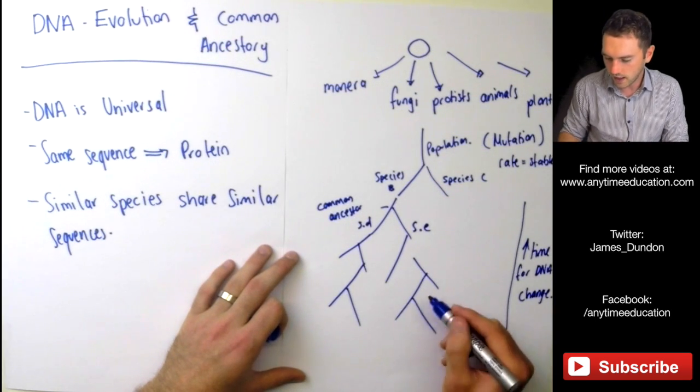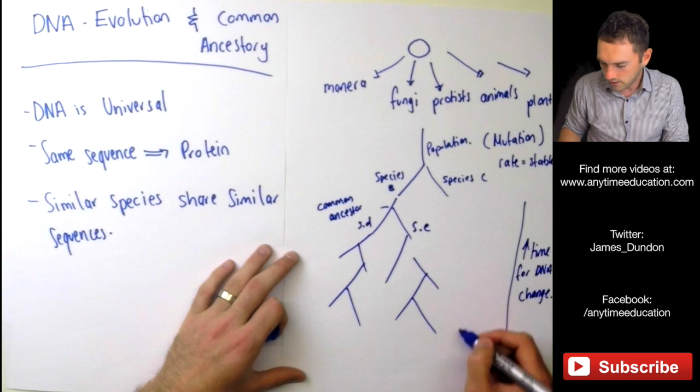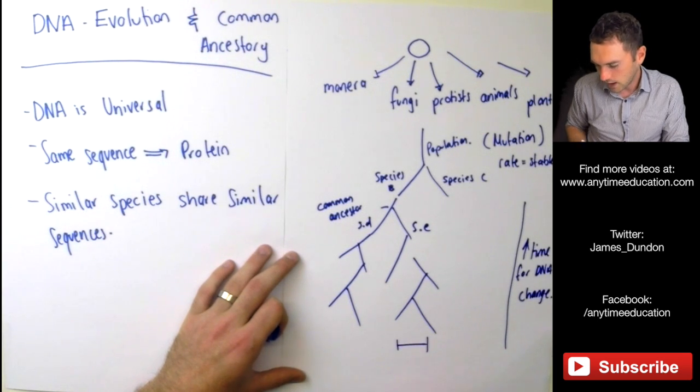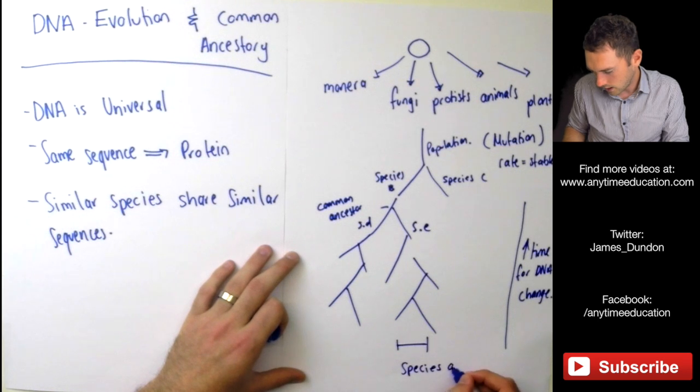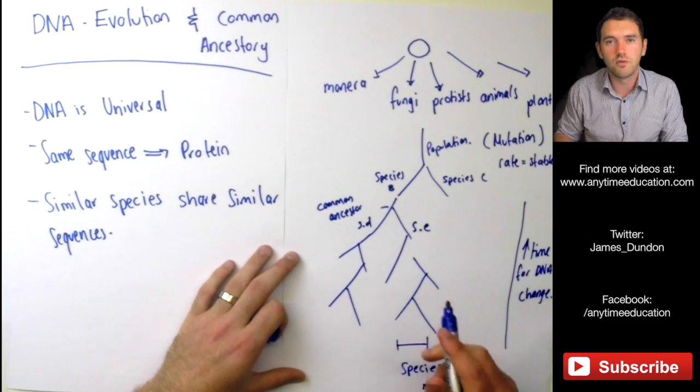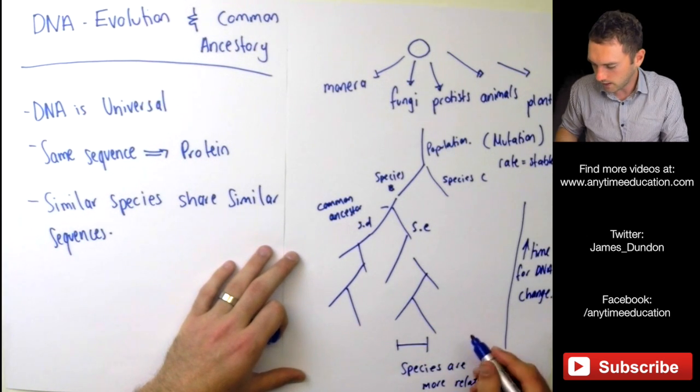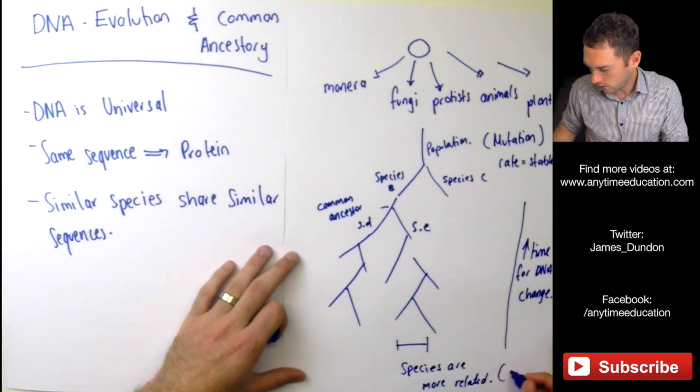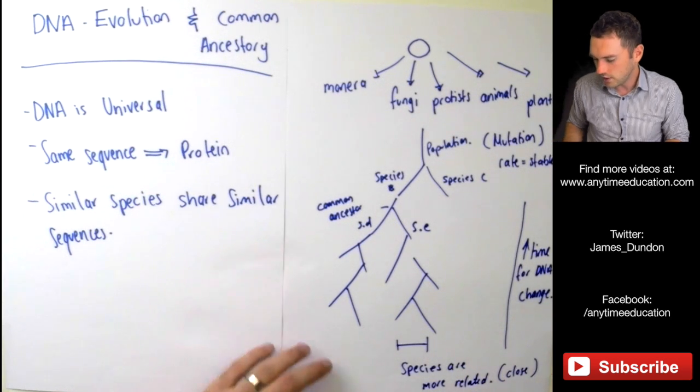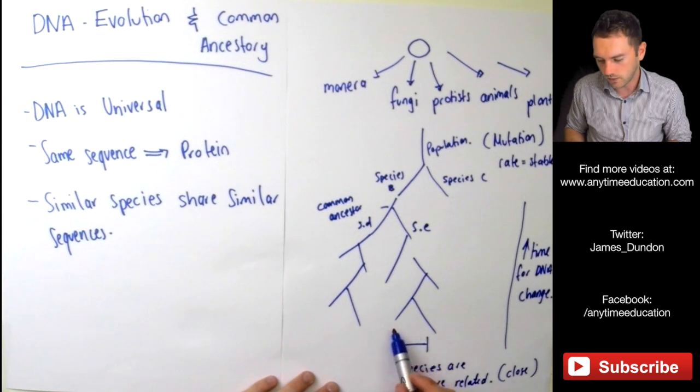So what we would then say is, the further down we go, these species are more related. How can we check that? Well, if we sequence their DNA, we find close relationships in DNA sequence here.